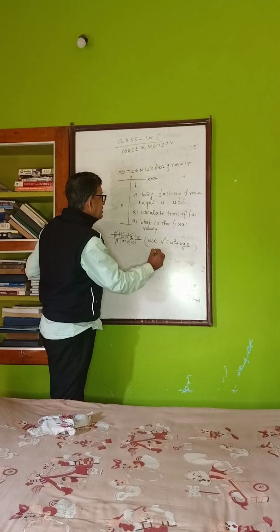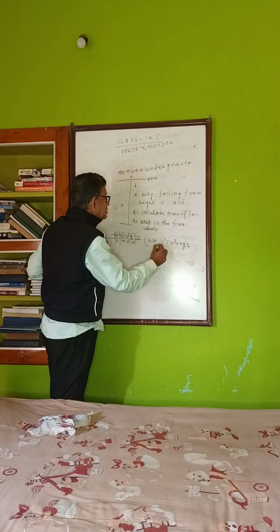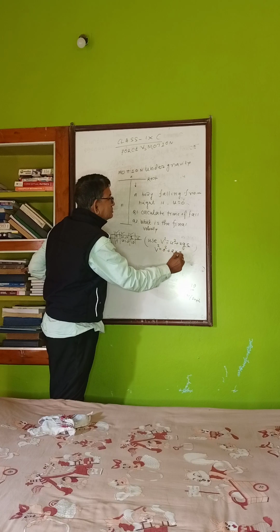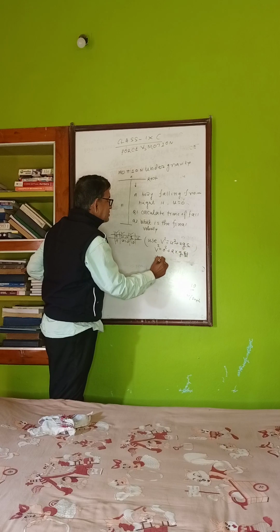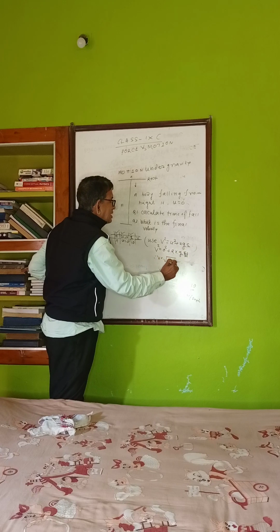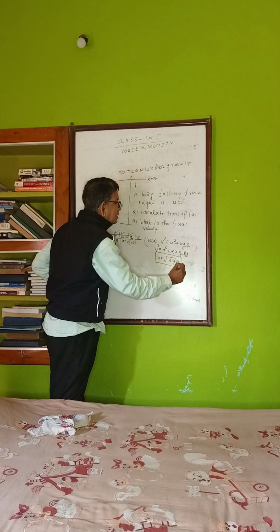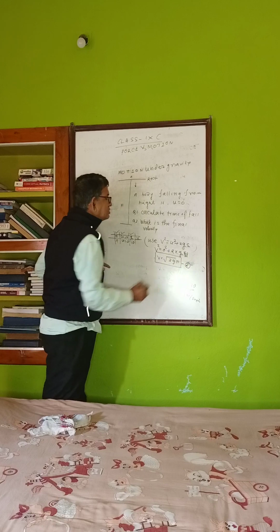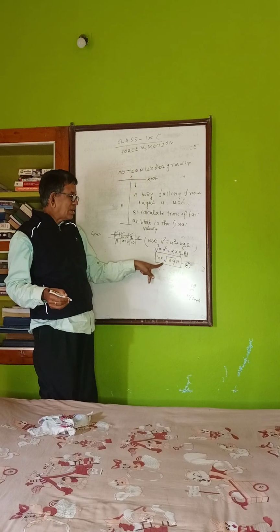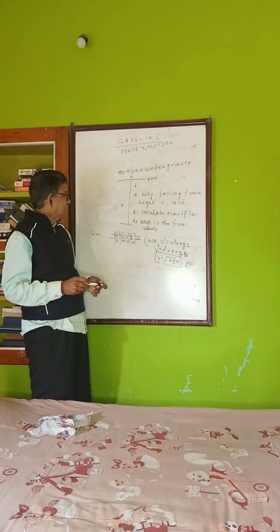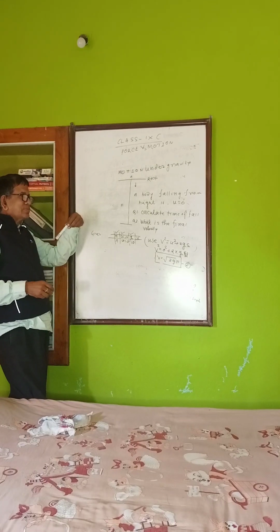Now what is v? U is 0, 0 square. Suppose it is g, s, instead of s you consider h. So V square is coming out 2gh. This is a very important formula. When a body is falling on the ground, it will strike the ground with velocity root over 2gh. Next, again I am repeating this problem.